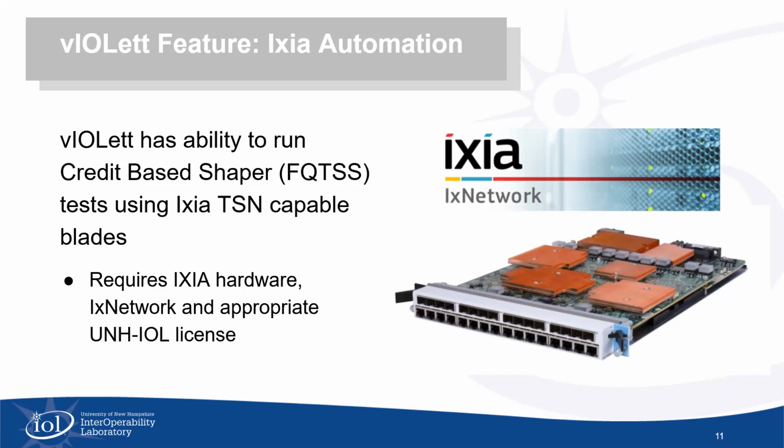We're looking at expanding this capability, but it's already capable of running all of the non-automotive FQTSS test cases that require traffic generation, and it enables automating those tests where it would otherwise be infeasible to do with network cards.